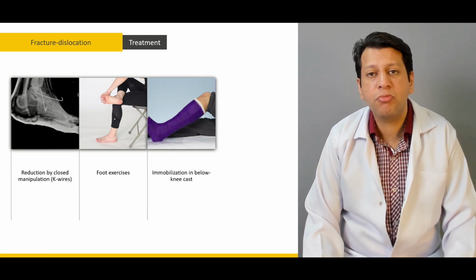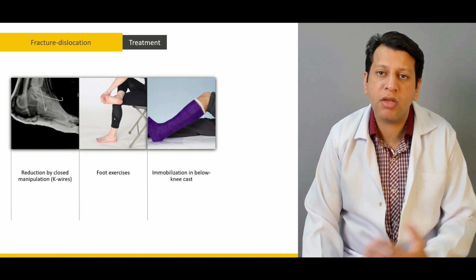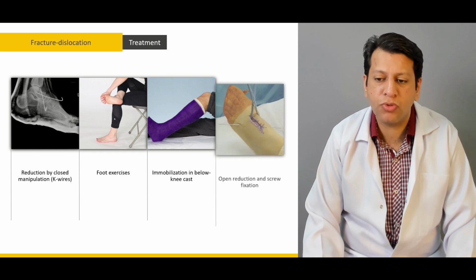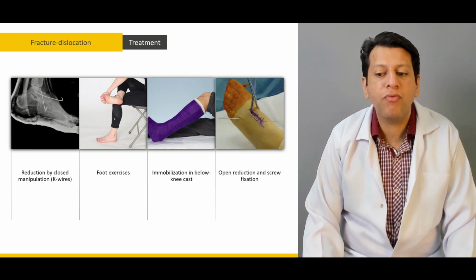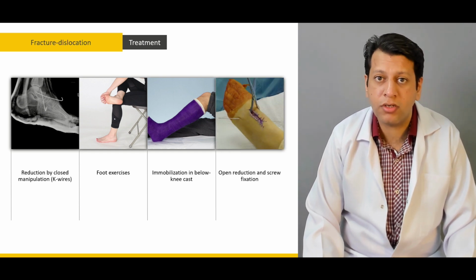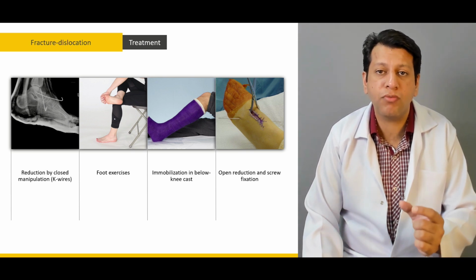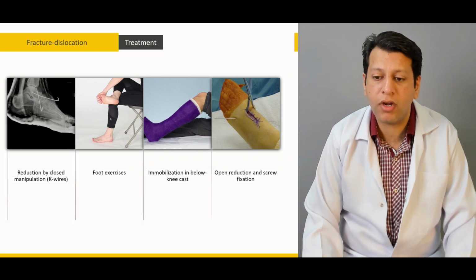And if there is an undisplaced fracture, we may have to keep it immobilized for a longer period of time, mostly in a below knee cast, or it could be open reduction and screw fixation. Screw fixation is sometimes required, especially when you have a large piece of bone and it's not a comminuted fracture.